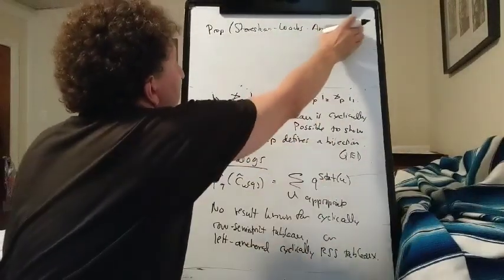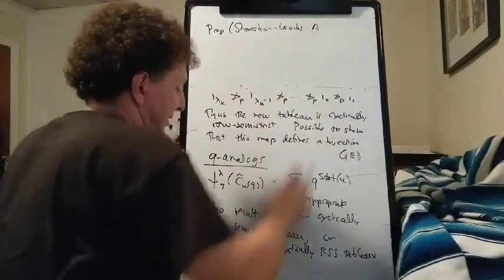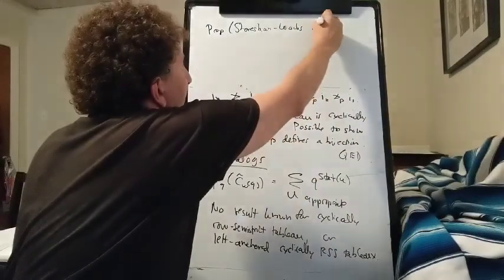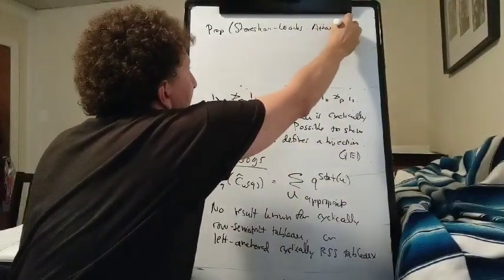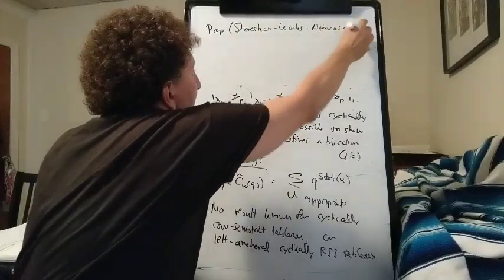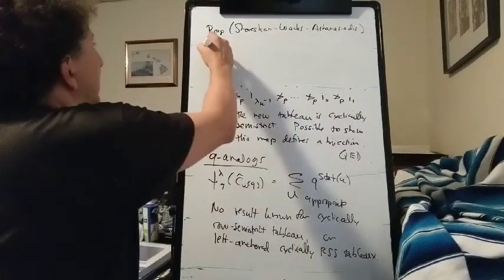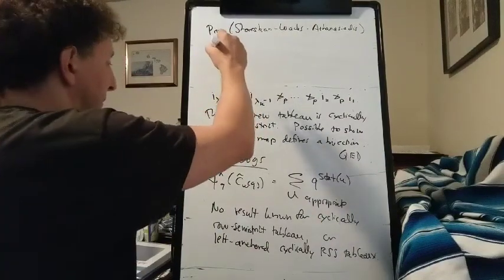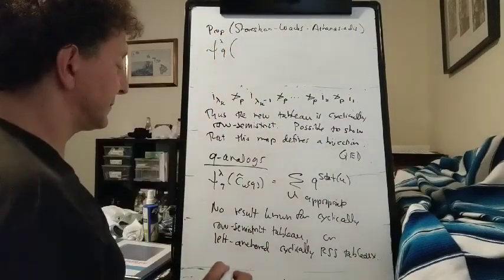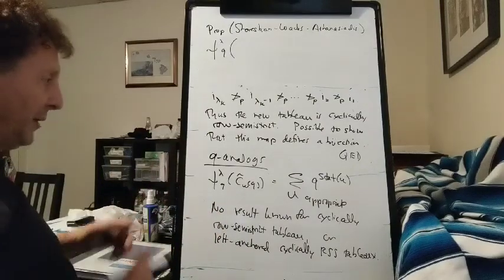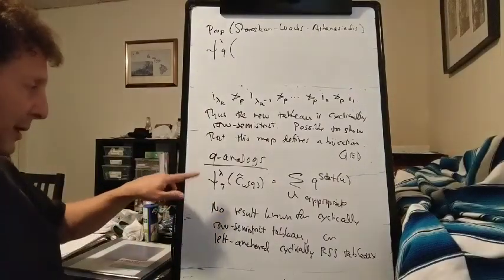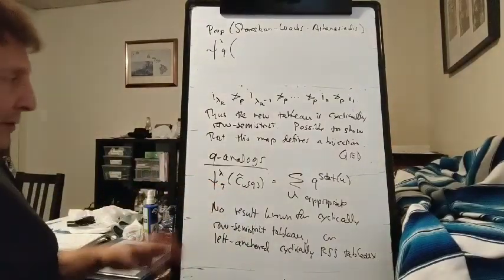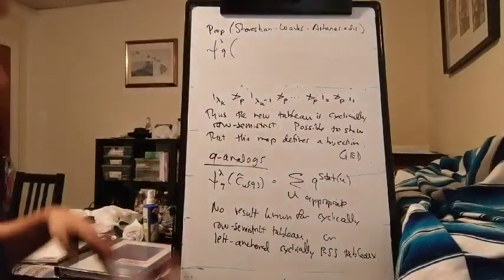This result is due to Shareshian, Wachs and Athanasiadis. Well, something similar is due to them. They actually didn't know that they were applying power sum traces to Cauchy-Johnson basis elements. But from their result, we can get this.